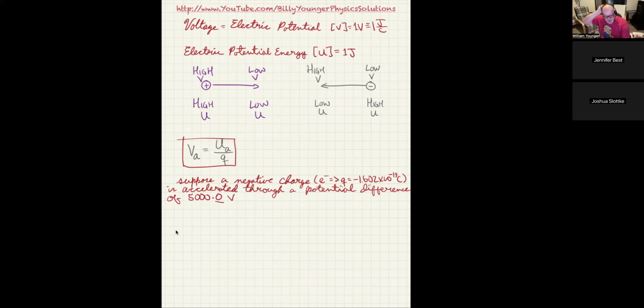Notice I am saying that that has 3 sig figs, or 4 sig figs. That's the key thing I'm trying to put in there. So suppose a negative charge, like an electron, is accelerated through a potential difference of 5,000 volts. One, which direction will it naturally move?